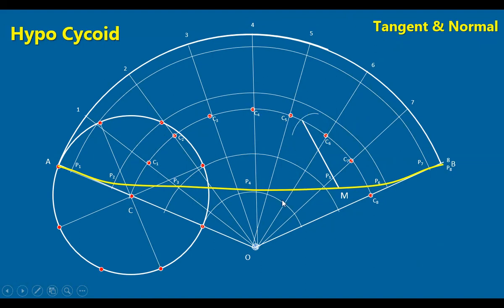Join this point with O. This intersects the base arc at some point N. Join N with M. You get the normal to the curve. Draw a perpendicular passing through M, and you get the tangent. Likewise, you get the tangent and normal to the curve, and also we have seen the construction of hypocycloid.